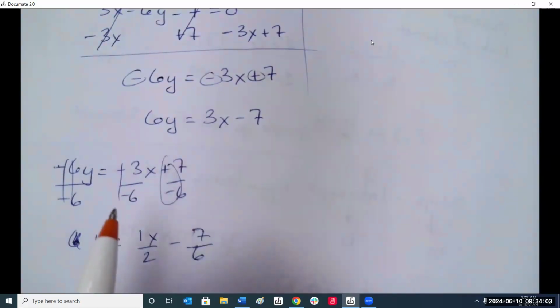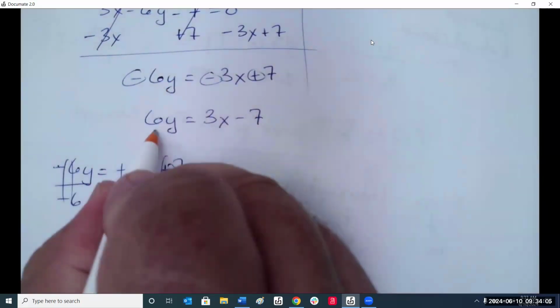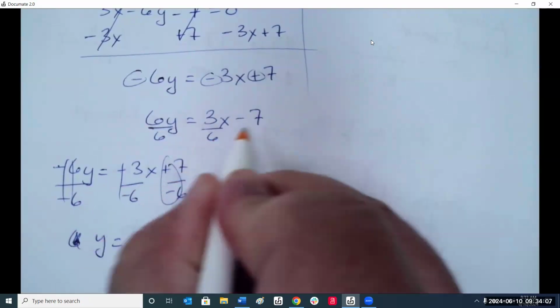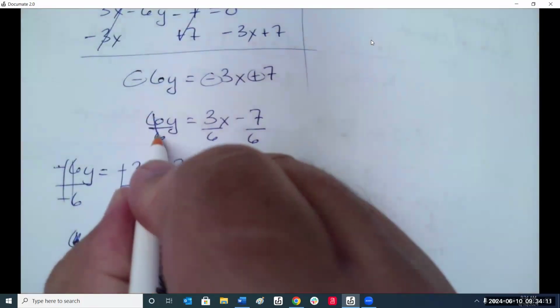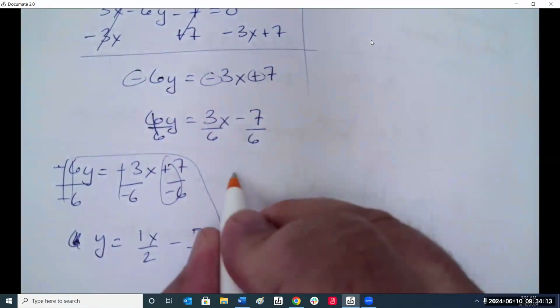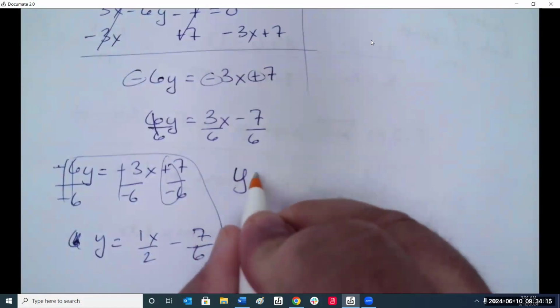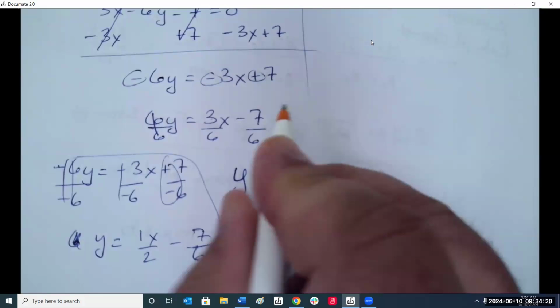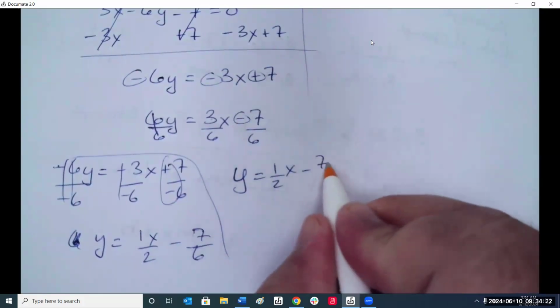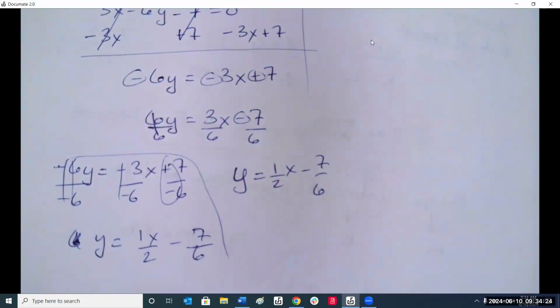Because all you have to do now, everything's set up the way you want. All you have to do now is just divide by 6. That gives you y equals 1 over 2 x. It already tells you what sign goes there. There's zero you have to think about.